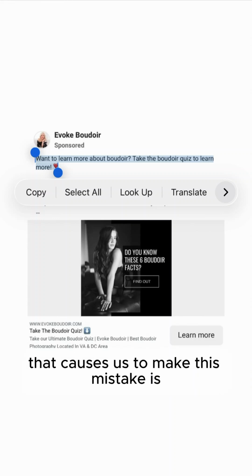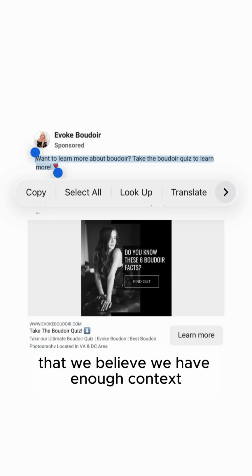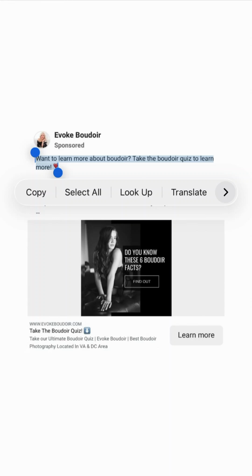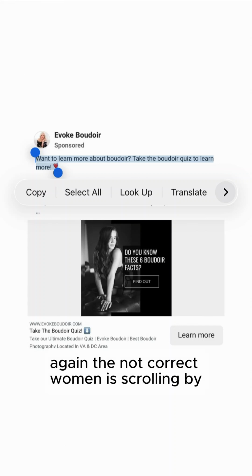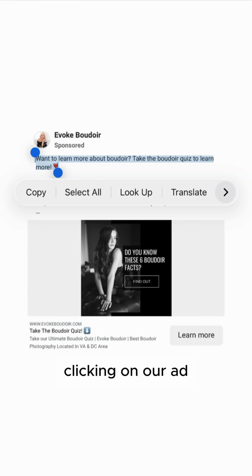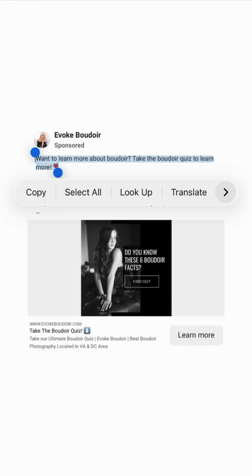So the false belief that causes us to make this mistake is that we believe we have enough context to maximize the number of women, the right women, clicking on our ad. Again, the not correct women scroll on by, but we're not even maximizing the number of correct women clicking on our ad. We only got one point of context here.